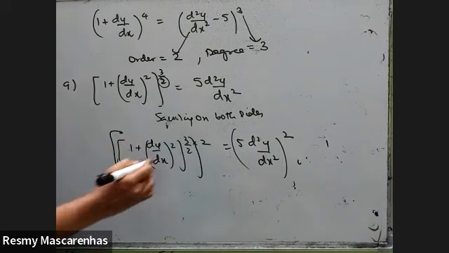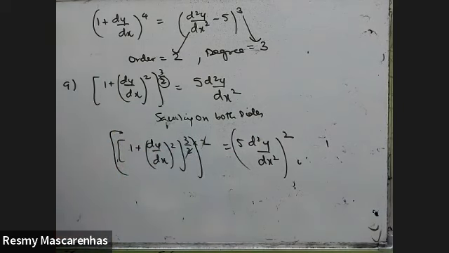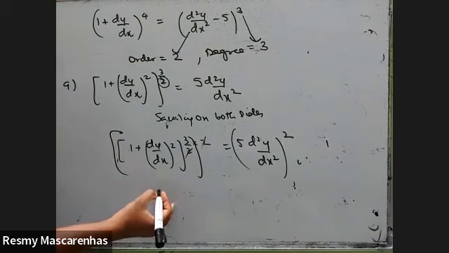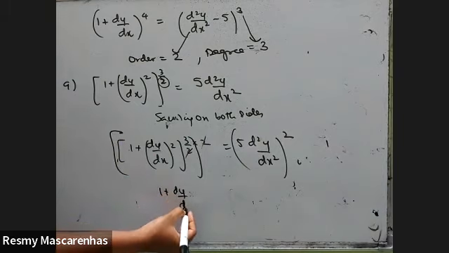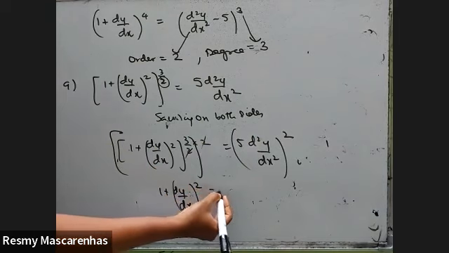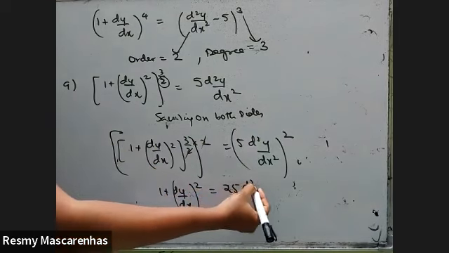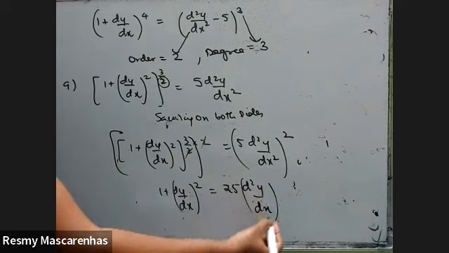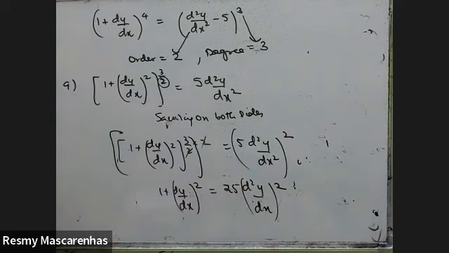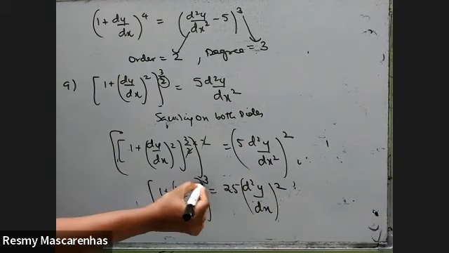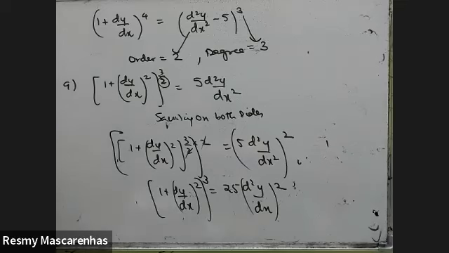It basically looks like this, and then 2 and 2 cancel out. Now it is free from any fraction. Power can be there, but it should be free from a fraction. A fraction is gone. Now can anyone tell me what is the order and the degree?